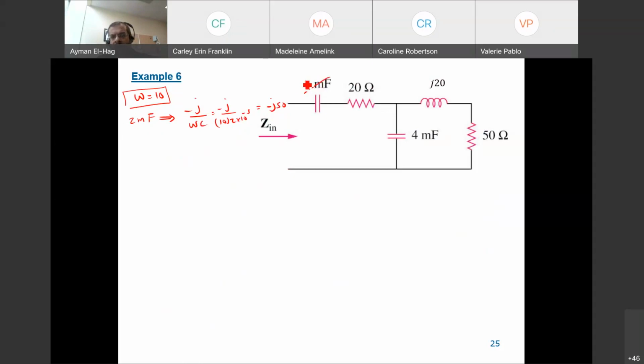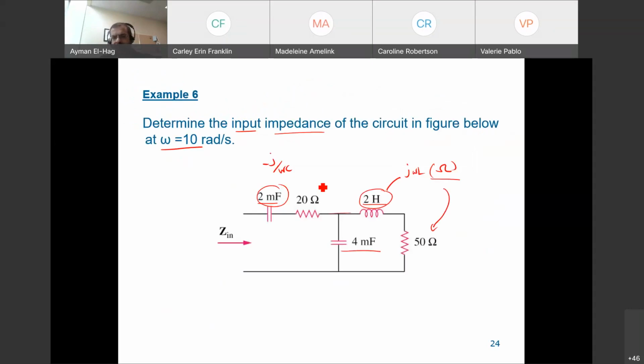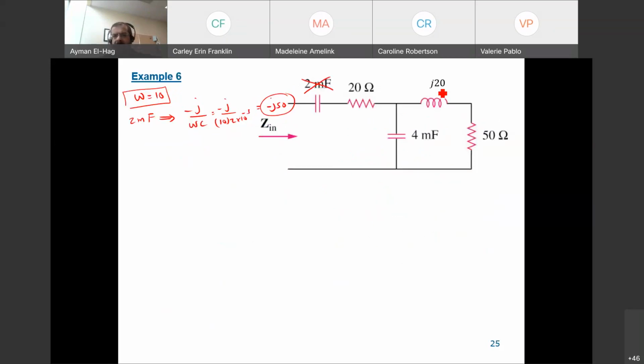There is no 2 millifarad anymore; it is equal to minus j50. Now for the inductor, it's already given to you.